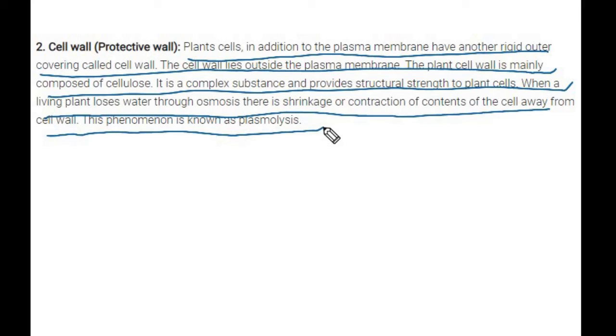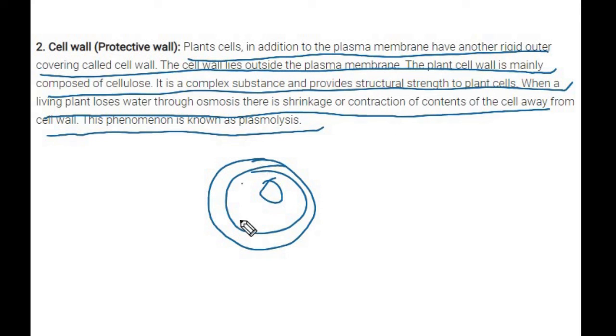Before we talked about the hypertonic solution, but if we take the hypertonic solution now, when the cell shrinks, the contents of the cell move away. If we imagine that this is the cell wall and these are all the contents, they move away from the cell wall. This process is known as plasmolysis.